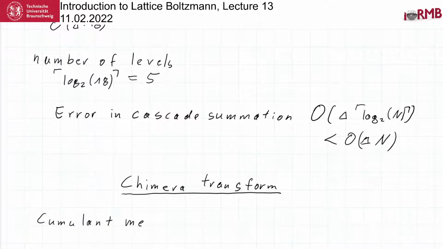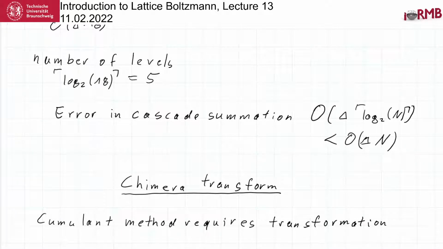So this means we have to get all of the moments, and this of course requires an entire transformation of distributions to, in general, central moments, because it's more efficient to compute cumulants from central moments than from raw moments, which is also possible, but even less efficient.